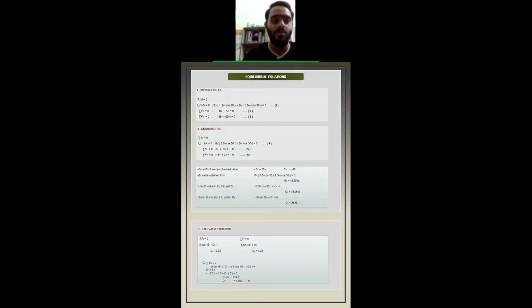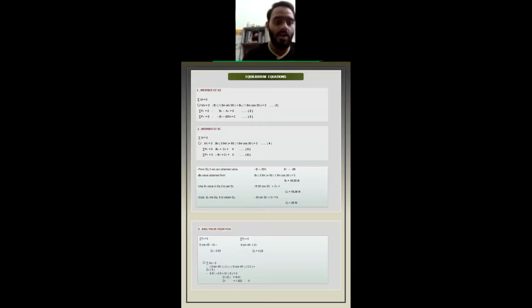Then we solve one by one to get the moment. From equation 3, we can obtain the value of dy, which is negative 50. So we can solve Bx from that: Bx times 3.5 meter plus 50 times 1.5 cos 30. From that we get a Bx value of 18.55 Newton.